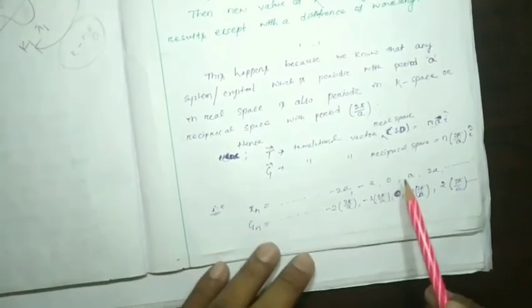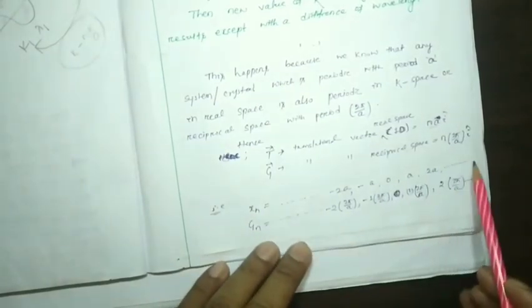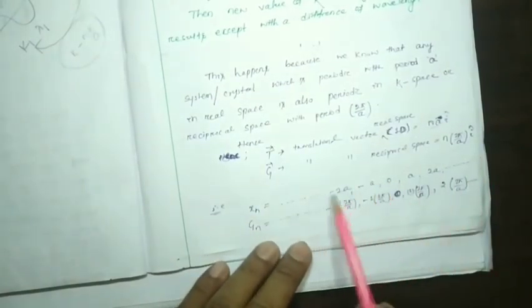That means in real space, the atoms will be situated along the x-axis, at 0, a, 2a, 3a like this, and along the negative x-axis at minus a, minus 2a like this.